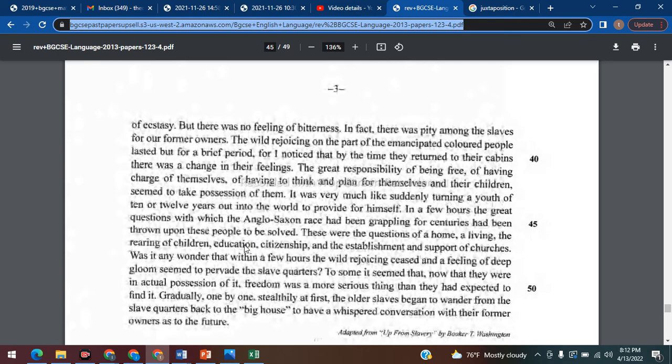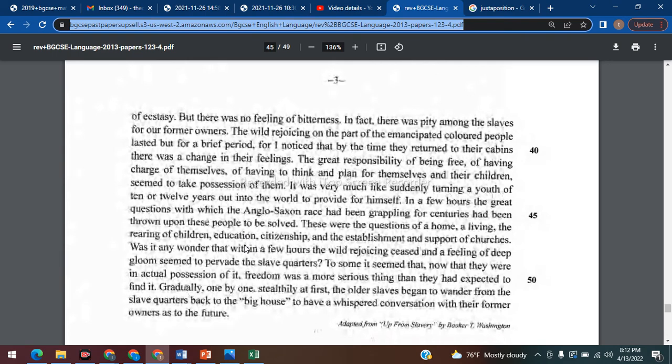You mean like the change in their feelings? Very good. Like the contrast between, so here we have them talking about the wild rejoicing, right? But then there's an immediate contrast between how they were feeling and how they feel currently.